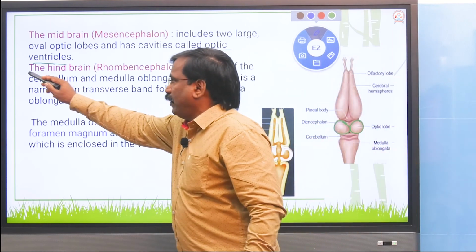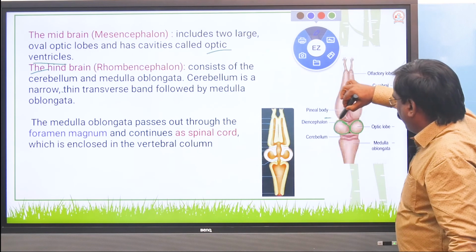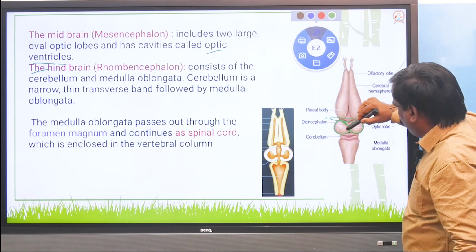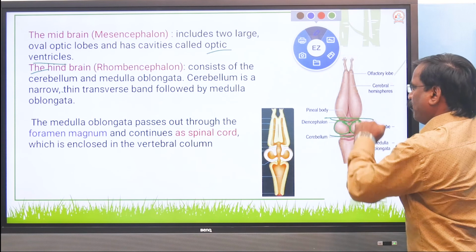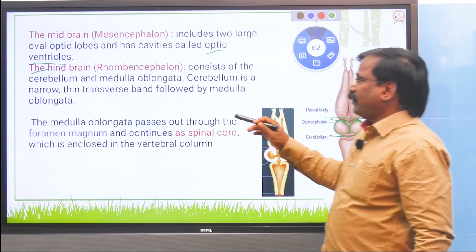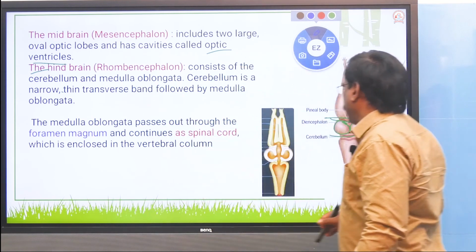Then coming to the hindbrain: this is the forebrain, this is the midbrain, and the next is the hindbrain. It consists of the cerebellum and medulla oblongata.